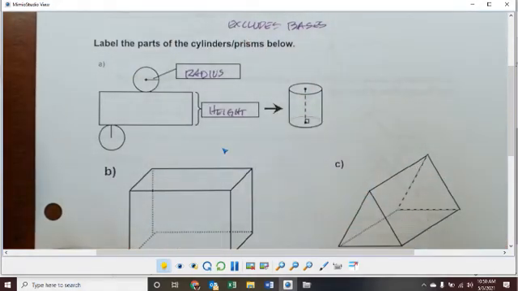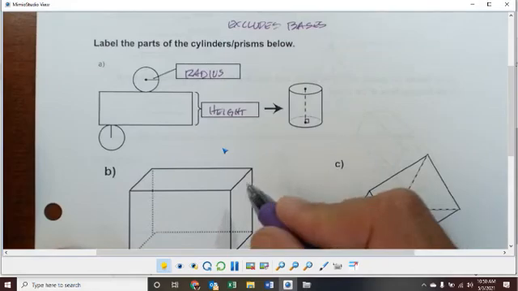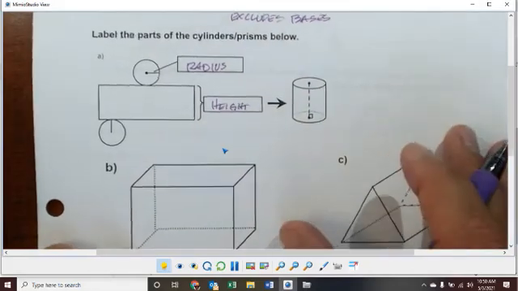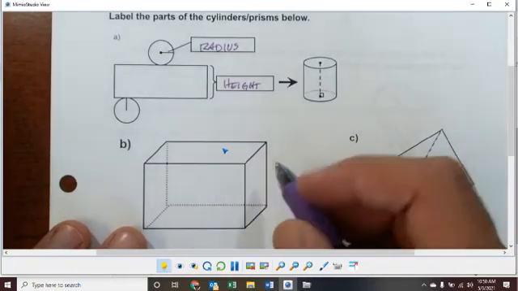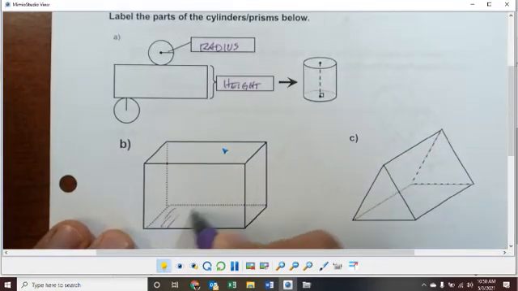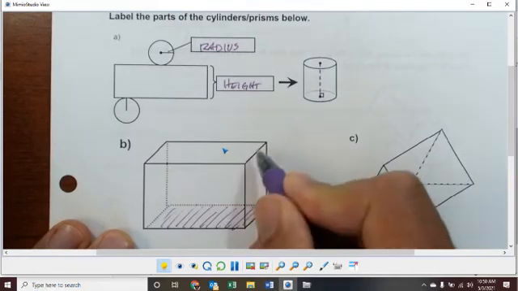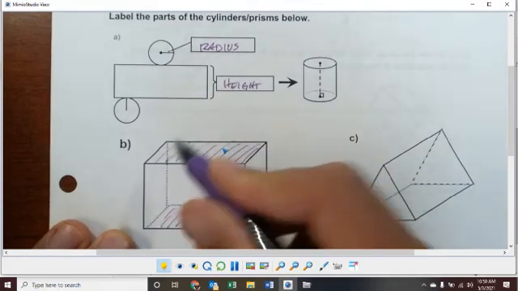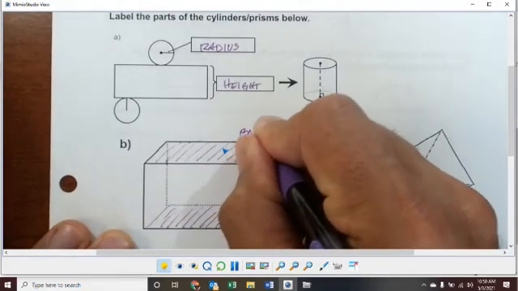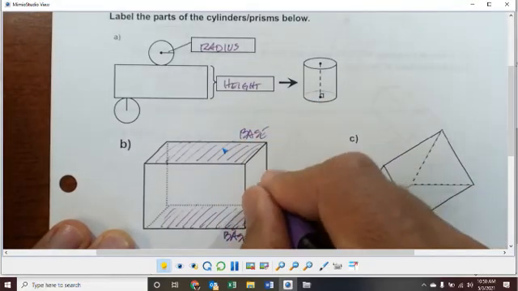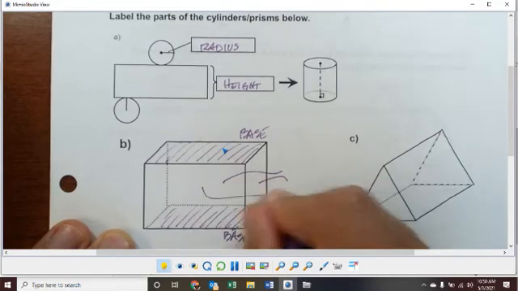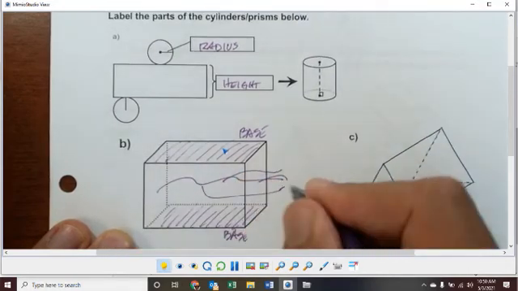For a prism, we can pick any two sides. If it's a rectangular prism, we can pick any two sides that are parallel to be the base. So if this is my base and then this is my base, then I would say base and base. And the other four are all faces.